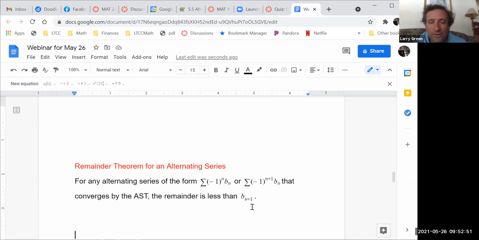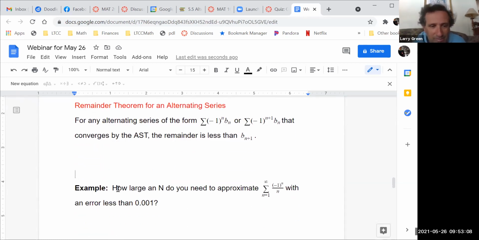Isn't that beautiful? Isn't that so much easier than the integral remainder test? You don't have to take an integral. You don't have to do anything, really. It's just super easy. So let's do an example, and I'll show you how easy that example is.